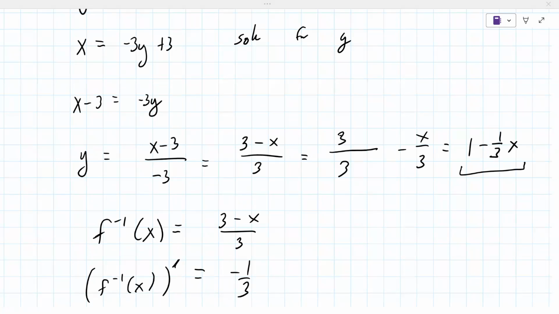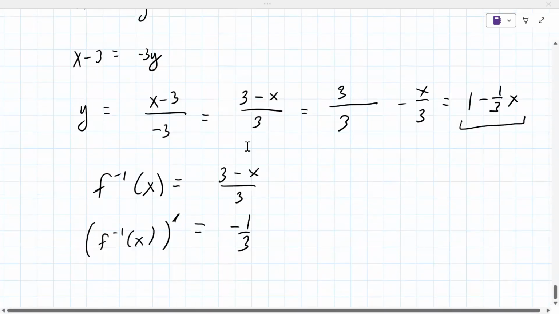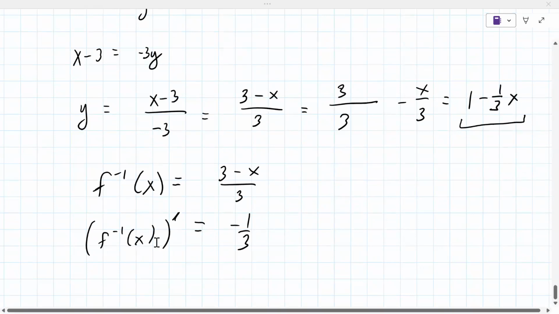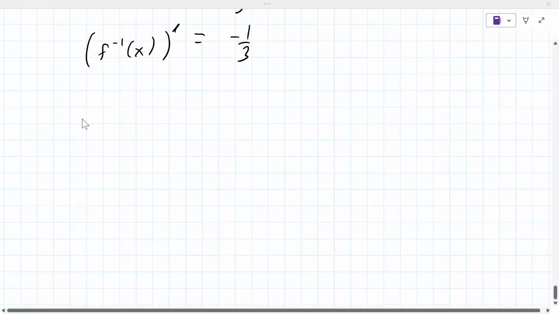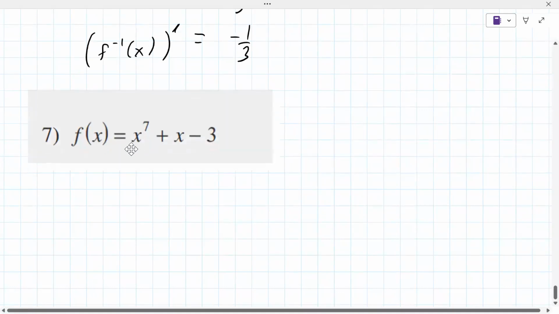The typical problem you'll get is not this though. This is just a background thing, which is how to find the inverse and then take its derivative. You typically get a problem like this. So let me give you something that you might actually see on a test.